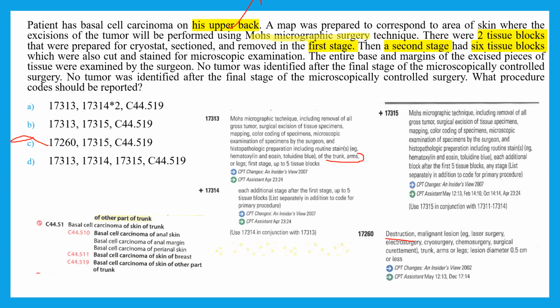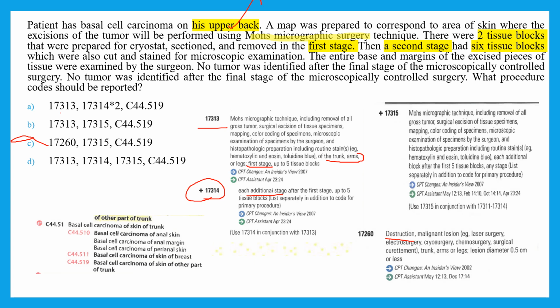So 17313 is for the first stage, up to 5 tissue blocks. We have 2 tissue blocks here in the first stage, and for the second stage we need to give an additional code, that is add-on code 17314 for each additional stage. So our code should have 17313 for the first stage, 17314 for the second stage. Okay, that's it.